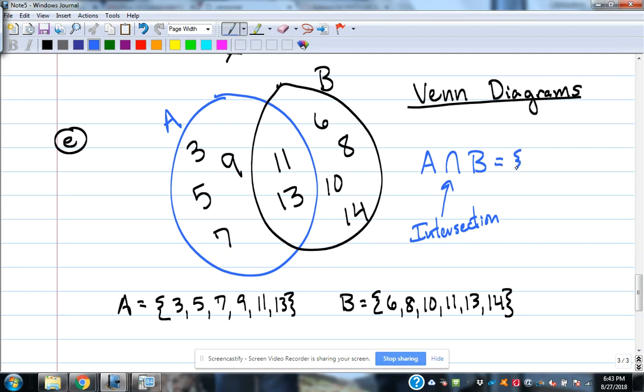The set of elements in that intersection are the things that are in A and B. A and B would be 11 and 13. An intersection is an and. Intersections are ands.